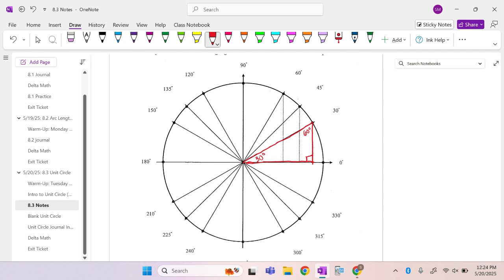Remember, because if we go 1 this way, it's 1 away. That's true for any radii. All right. So we know that the radius is 1. So would it be one of the legs or the hypotenuse that's equal to 1? The hypotenuse right here. That's the radius, that'll be 1.